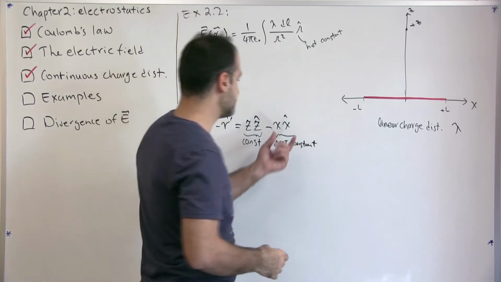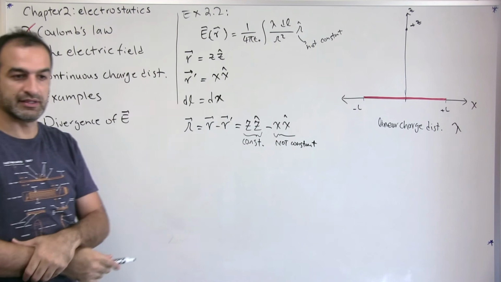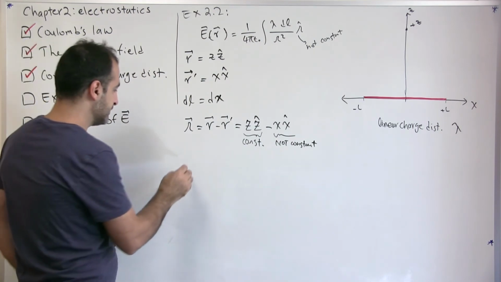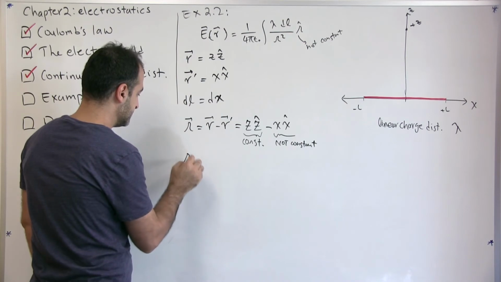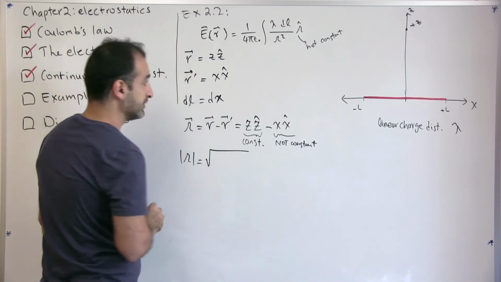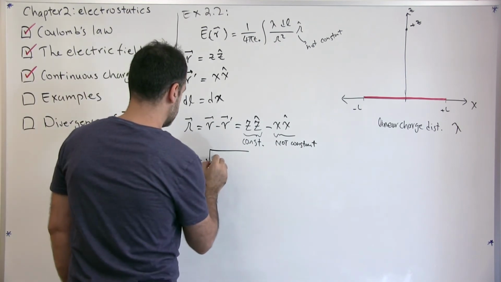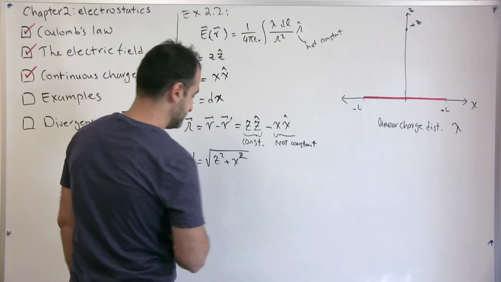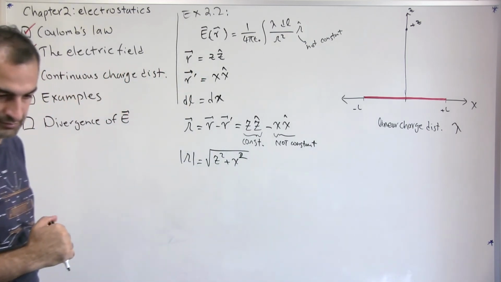This is something that changes within the integral. The magnitude of the separation R is the square root of Z squared plus X squared.